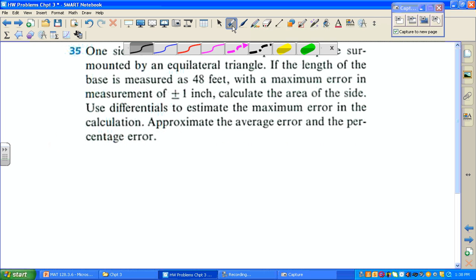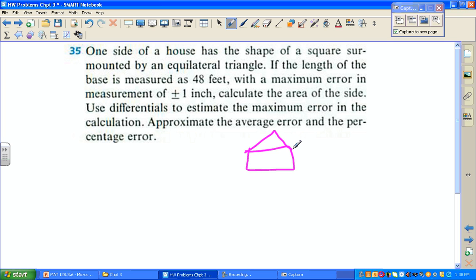One side of the house has a shape square and equilateral triangle. If the length of the base is measured to be 48, with a maximum error measurement of plus or minus 0.1, I'll call that S. So that means dS equals plus or minus 1 inch.